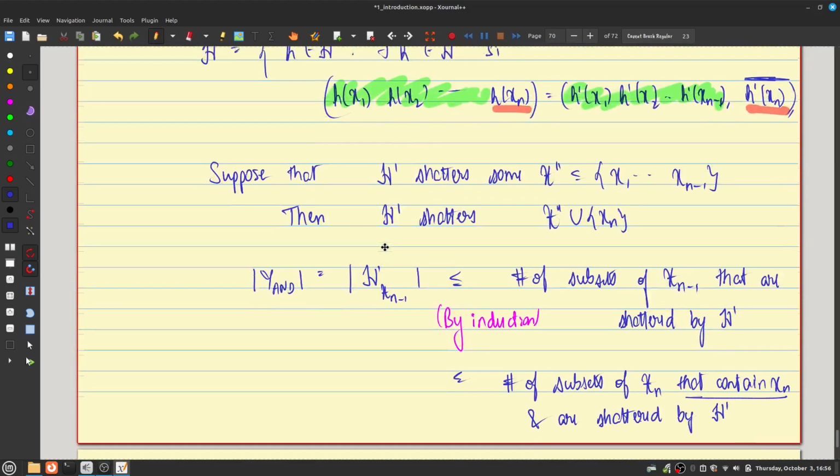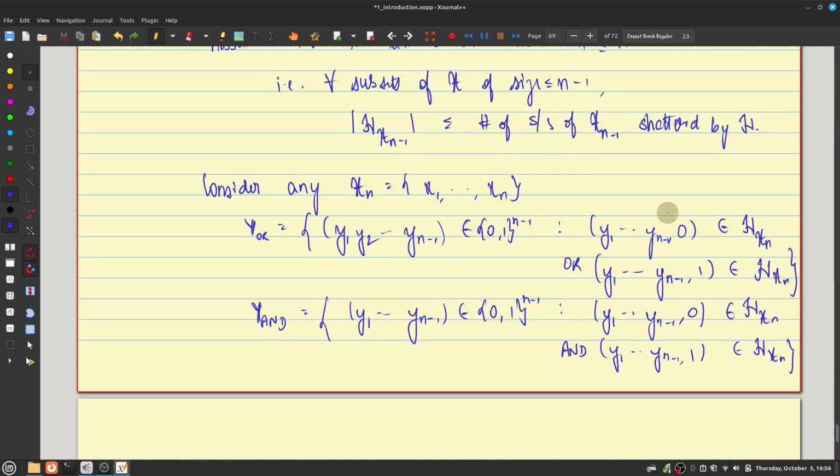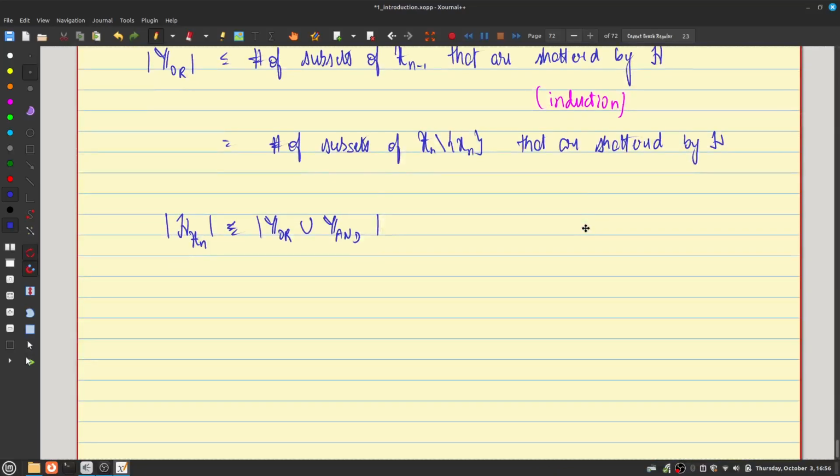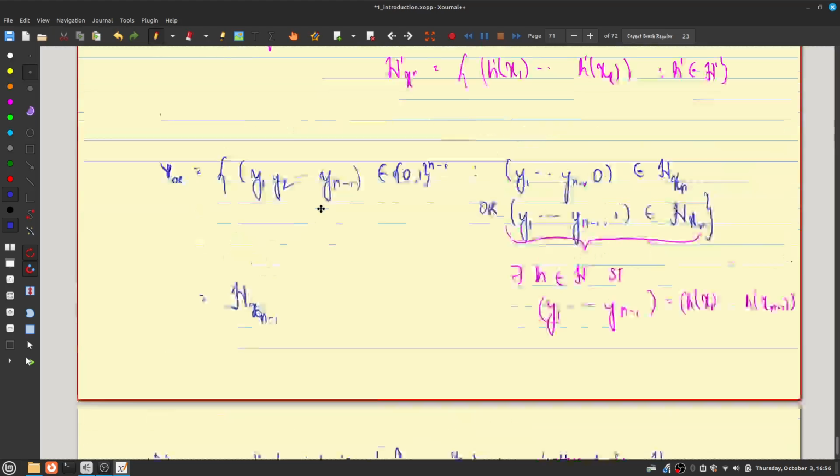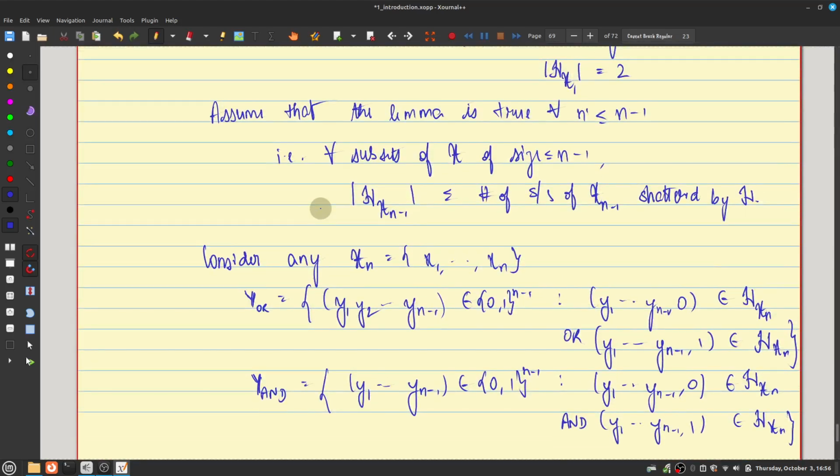Let me make it more precise. I claim that this is this plus yn. Now if y1 through yn minus 1 comma 0 is present and y1 through yn minus 1 comma 1 is present, then this is 1.